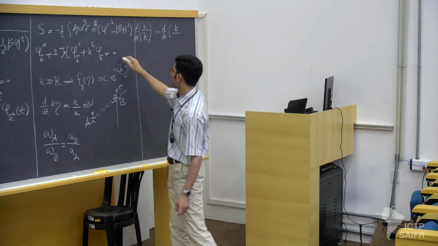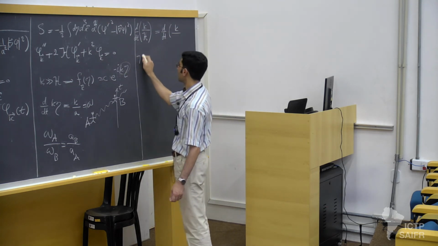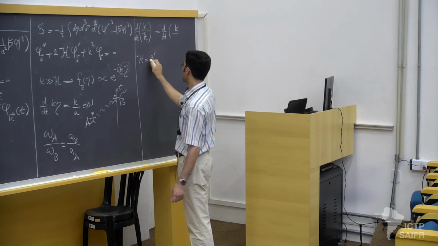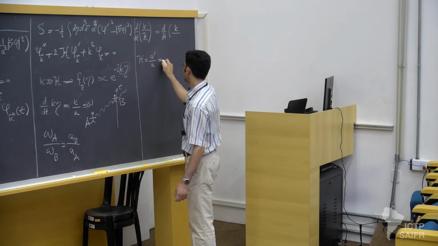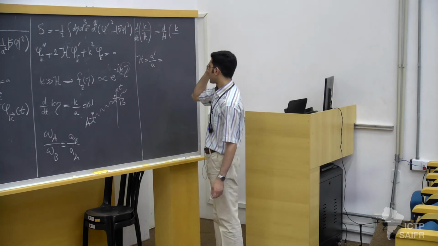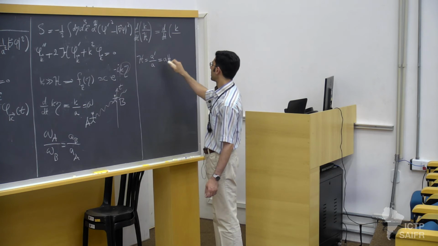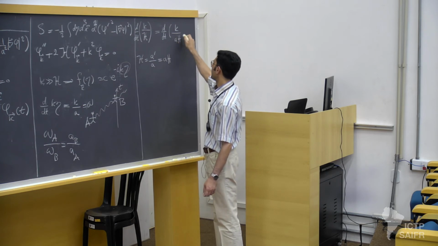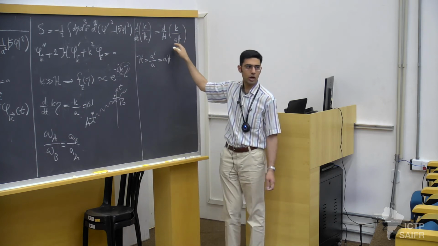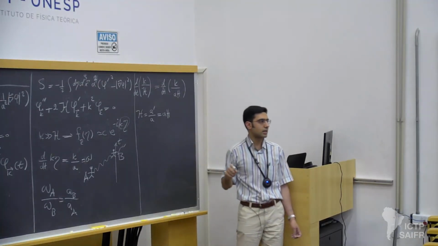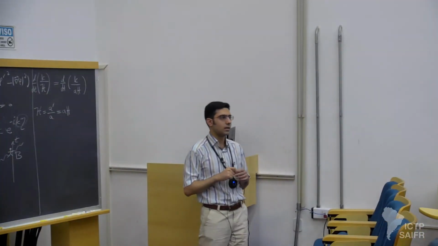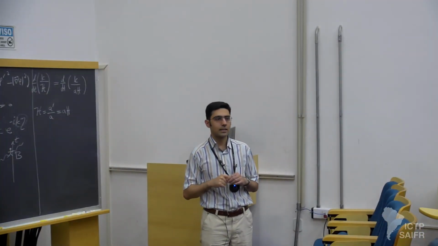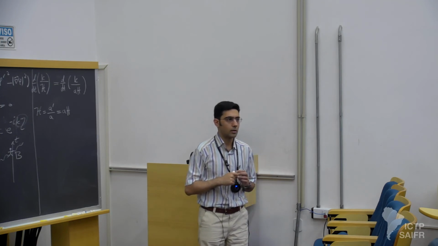The time derivative of this quantity, this curly h, which was a prime over a, which is just a times h. So this is nothing but the same quantity that we were talking about in the morning when we talked about the flatness and horizon problem.